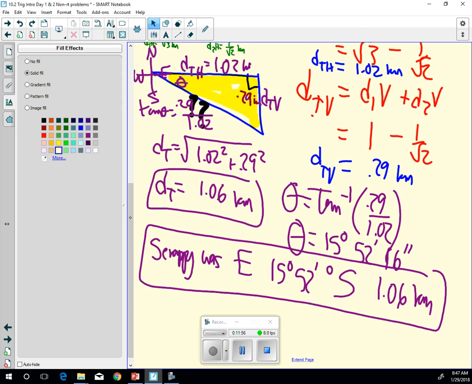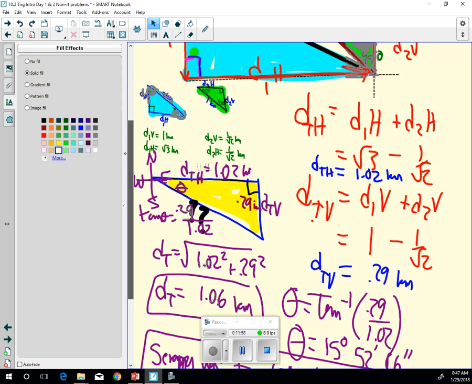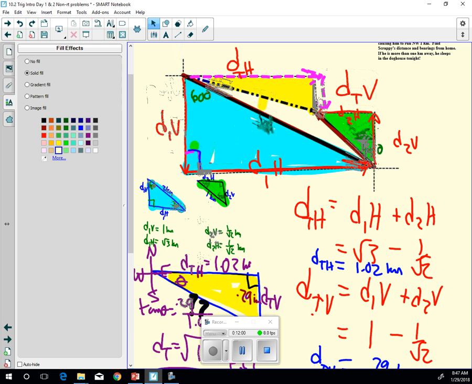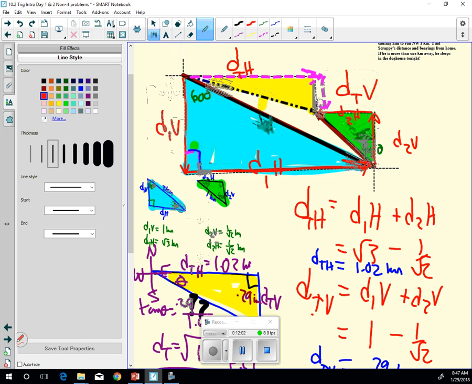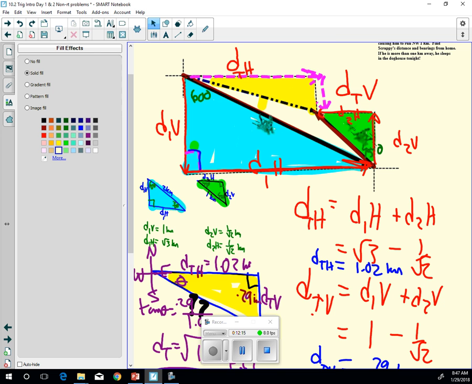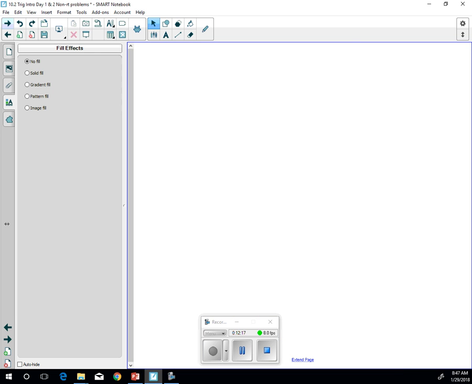Now, the only thing that I didn't talk about is if these angles weren't 30, 60, 90, or 45, 45, you could get these distances by using the sine or the cosine and figuring them out. And that's exactly what you're going to do today. I'm going to give you about 10 of these problems.